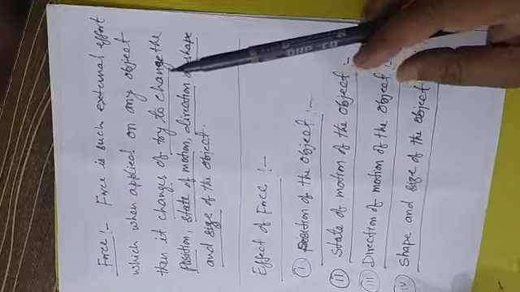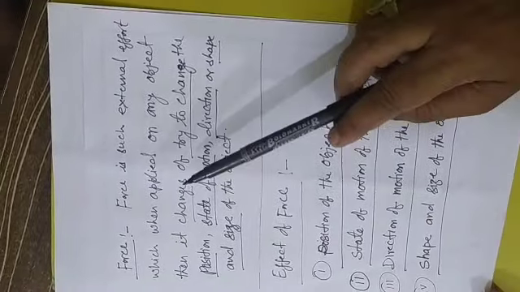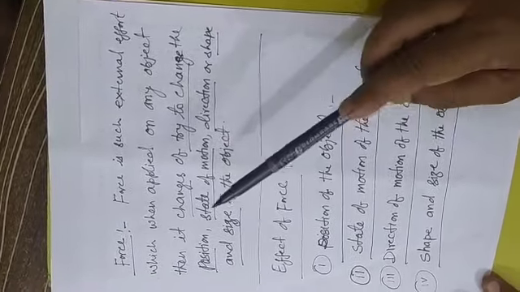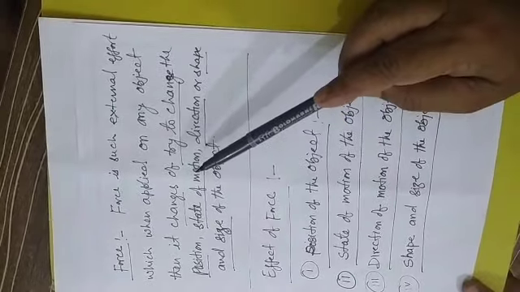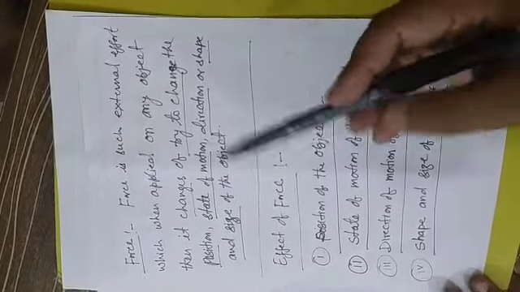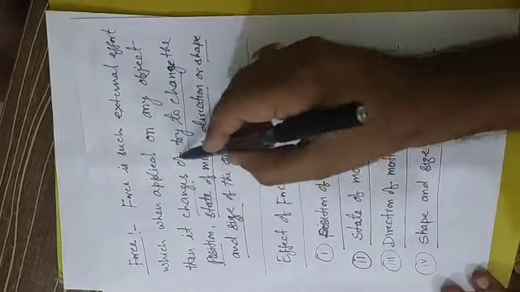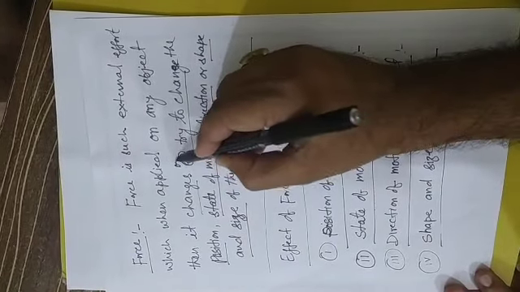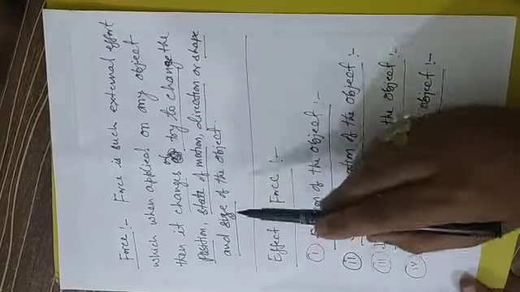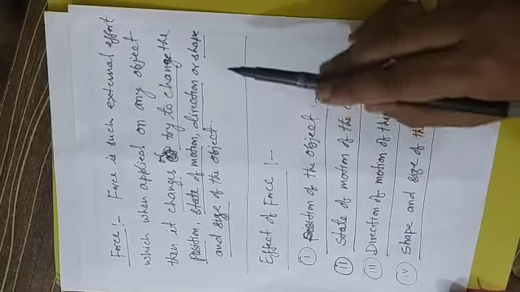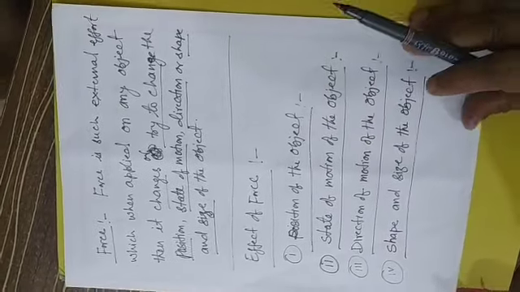Force is such an external effect which, when applied on any object, changes or tries to change the position, state of motion, direction, and shape or size of the object.